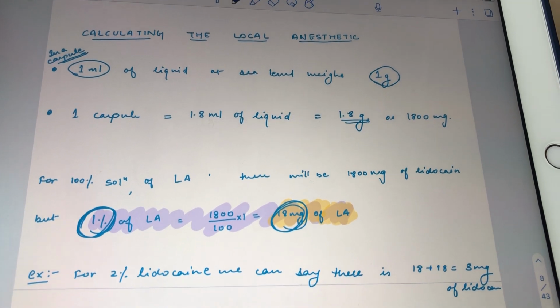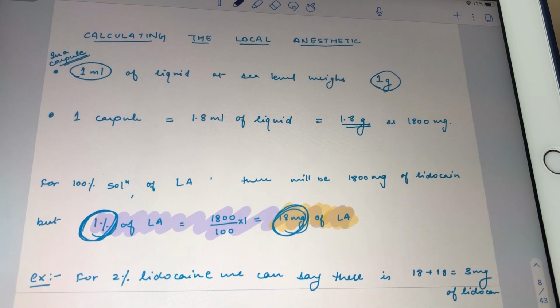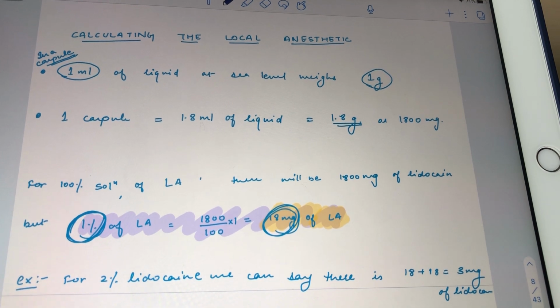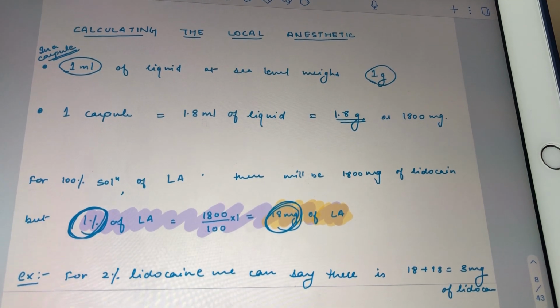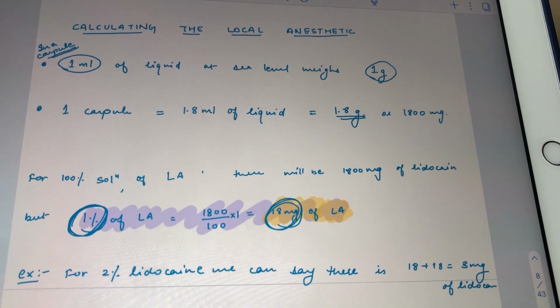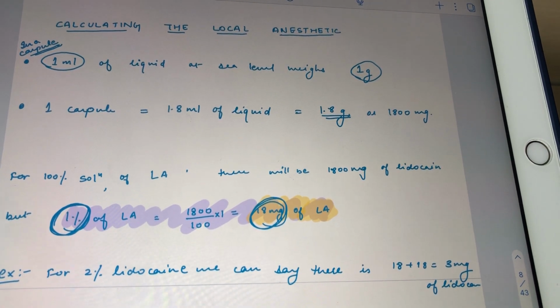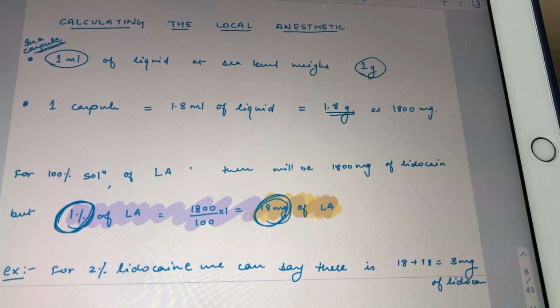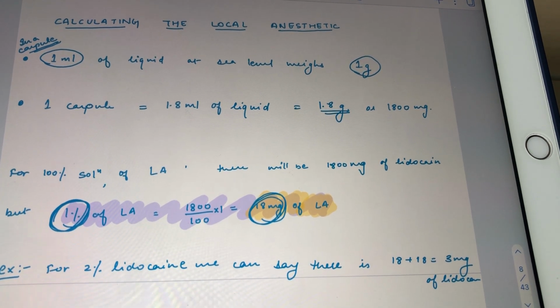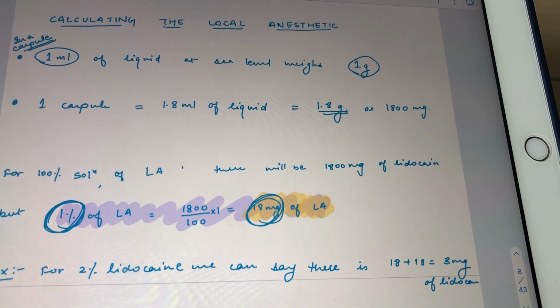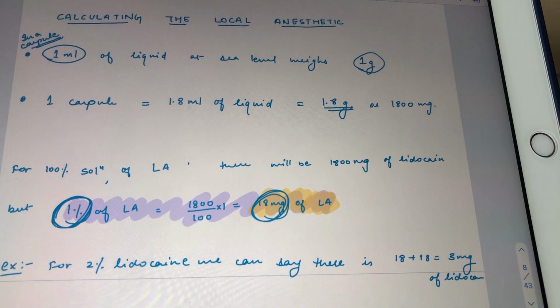This is a fixed volume of local anesthetic given to you in a clinic in a carpule. So 1 carpule consists of 1.8 ml of liquid. Now 1.8 ml of liquid means 1.8 gram of that liquid, which means 1800 milligram.